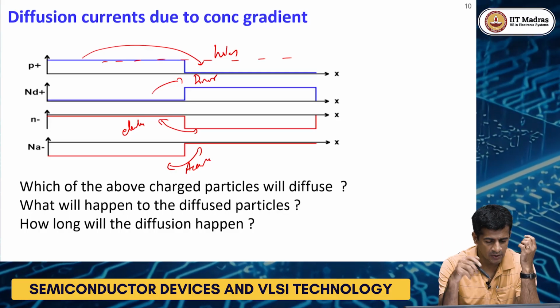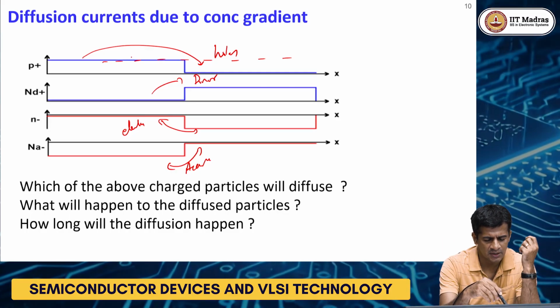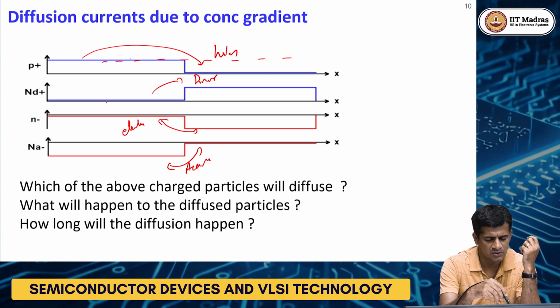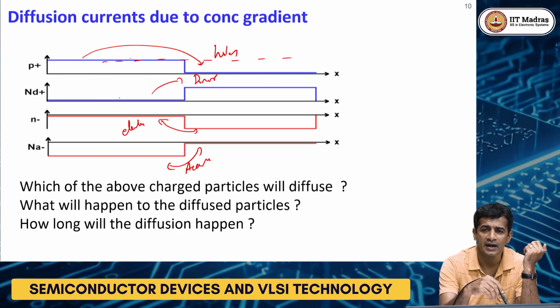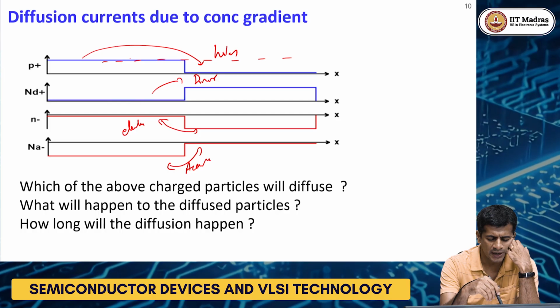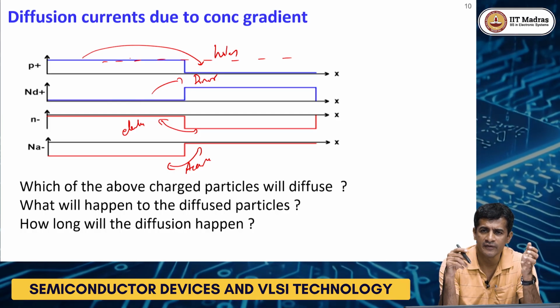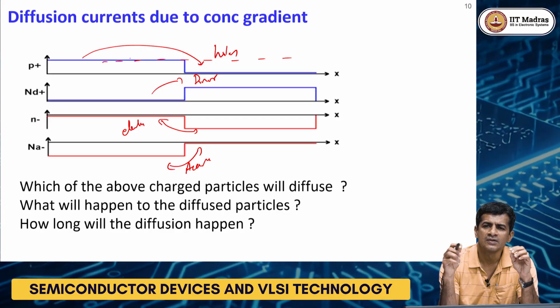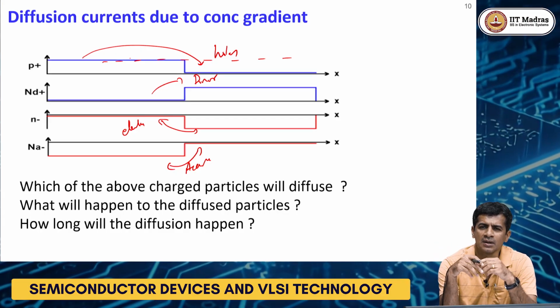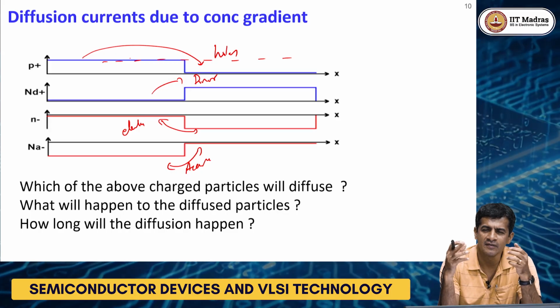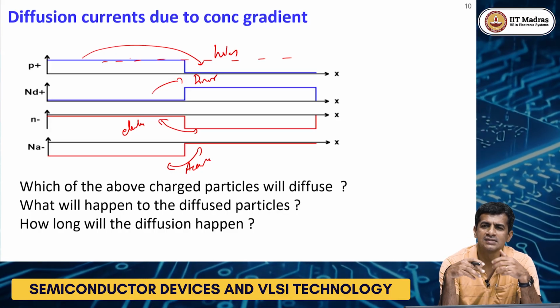The first thing to note is that there are two types of particles. One is the electrons and holes, the other is the acceptor, the ionized impurity atoms. At room temperature, their diffusion coefficients are very different. The diffusion coefficient typically depends upon the mass of the particle. The heavier the particle, the more difficult it is to diffuse.